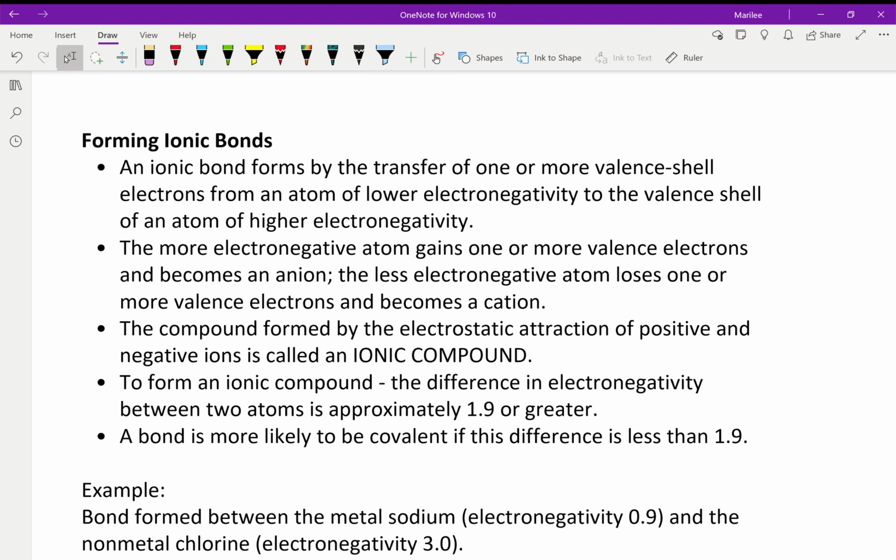The compound formed by the electrostatic attraction of positive and negative ions is called an ionic compound. To form an ionic compound, the difference between the electronegativities of one atom and another atom needs to be 1.9 or greater. If it's less than 1.9, then it'll be a covalent bond, not an ionic one.